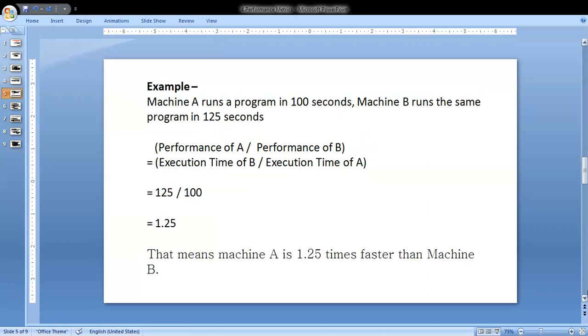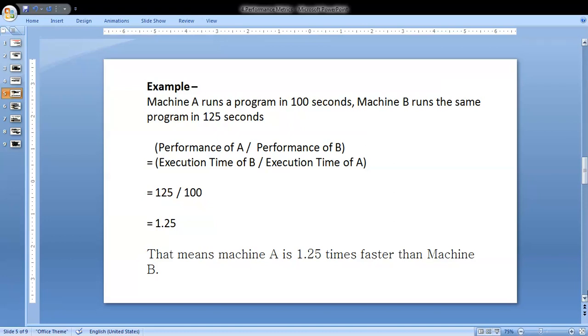For example, a machine runs a particular program in 100 seconds. That is, the first machine A runs in 100 seconds. The machine B runs the same program in 125 seconds. So how can we calculate the performance ratio?